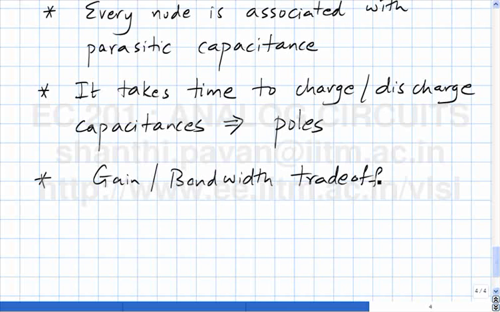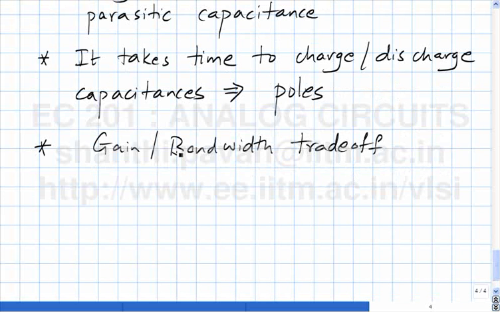There are many nodes in the network. What can you expect? Based on these 3 points that have come out as a summary of our discussions, what do you expect? There are a large number of poles. Why would we be interested in having a large number of nodes in the network?